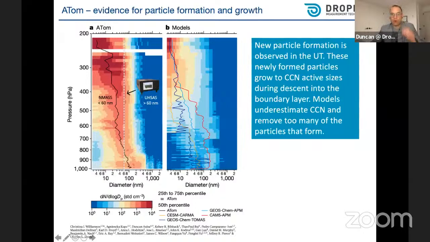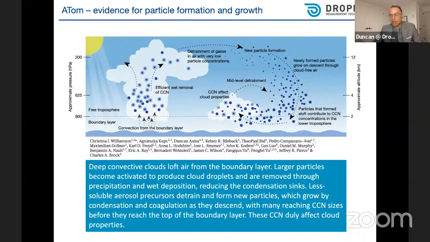So new particle formation is relevant and important in the upper troposphere. These newly formed particles grow to CCN active sizes during descent into the boundary layer. Current models underestimate CCN in the boundary layer because they are not accounting for upper tropospheric nucleation contributing to this process. So in summary, this is the paper that we started with, and it's the paper that we'll end with.